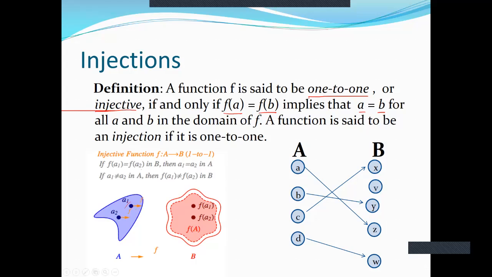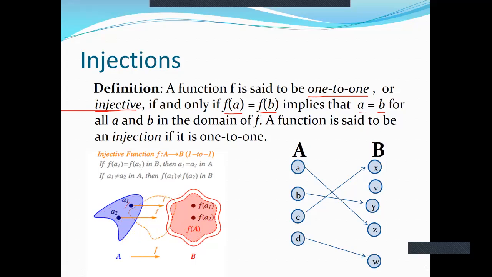A function f is said to be one to one or injective if and only if f of a equal to f of b implies that a equals b for all a and b in the domain of f, right? A function is said to be an injection if it is one to one. I hope this is now clear.